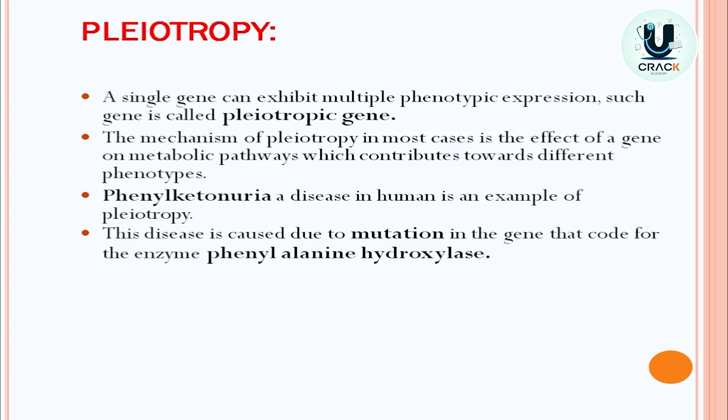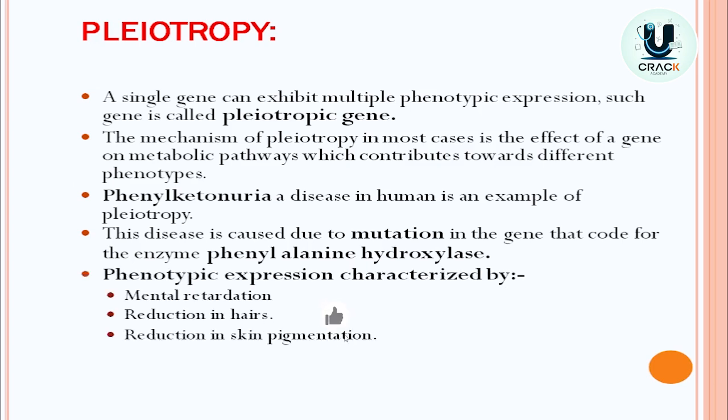So we can say it affects the enzyme phenylalanine hydroxylase. The phenotypic expression is characterized by mental retardation, and otherwise you will get reduction in hair and reduction in skin pigmentation.